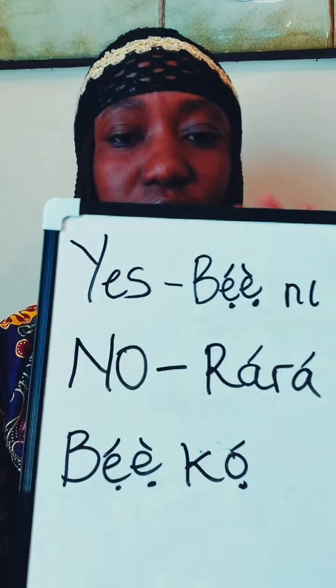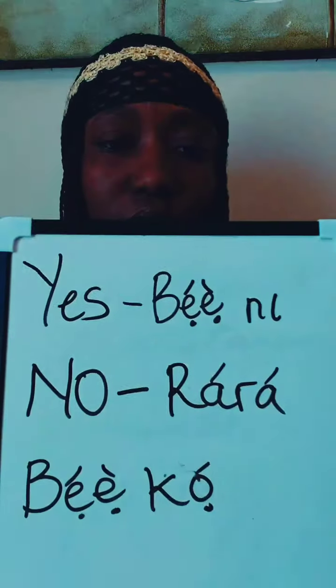Okay. All right. There is one more word that people actually think means no in Yoruba, and that is bẹ́ẹ̀kọ́. Bẹ́ẹ̀kọ́ in English is not no, but it means it is not.